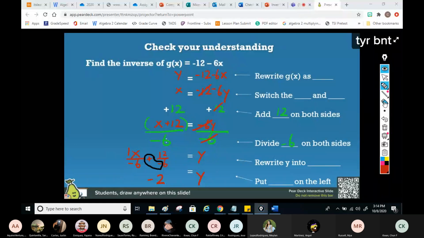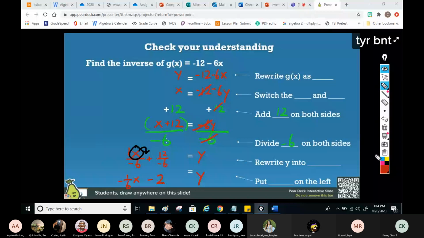And then after that, I'm going to do what I did earlier. I'm going to drag the x out, put it on the side. Don't put it at the bottom, put it on the side. And then you are going to have your answer that looks something like this: -1/6, and then the x right here on the side. So don't put it at the bottom, put it on the side.